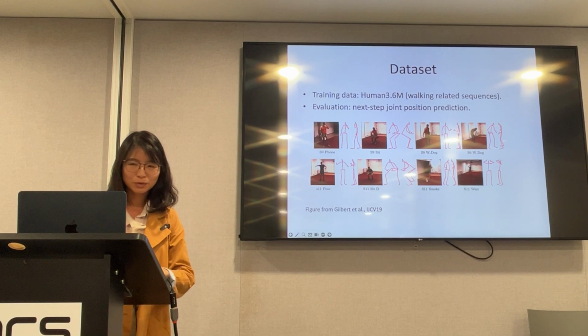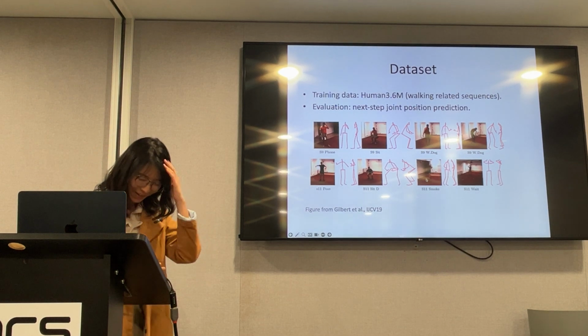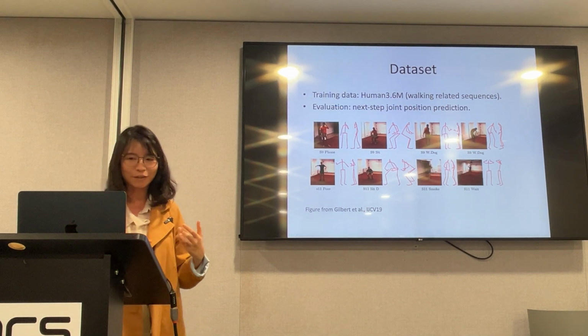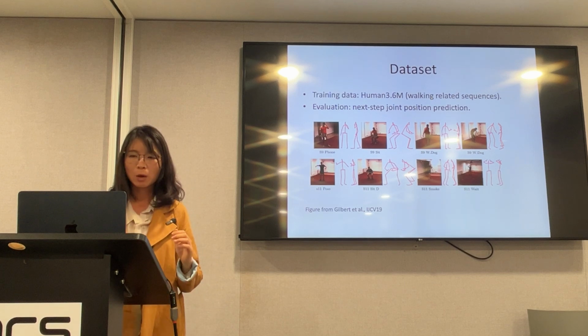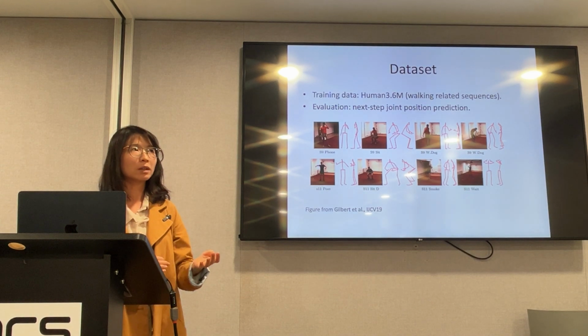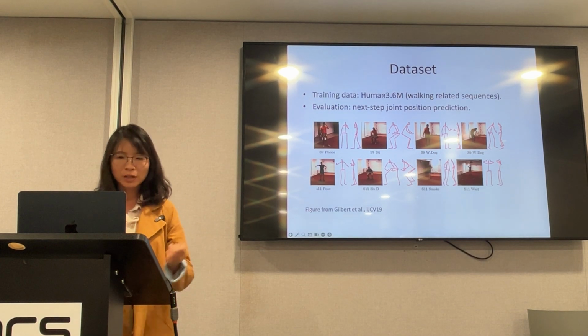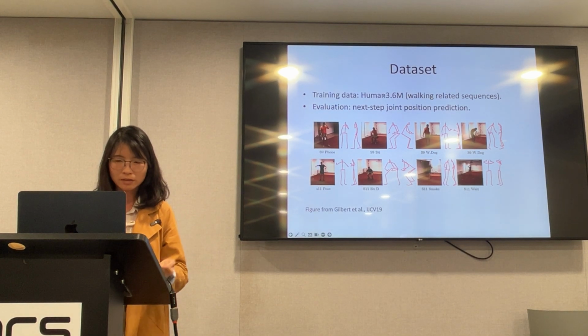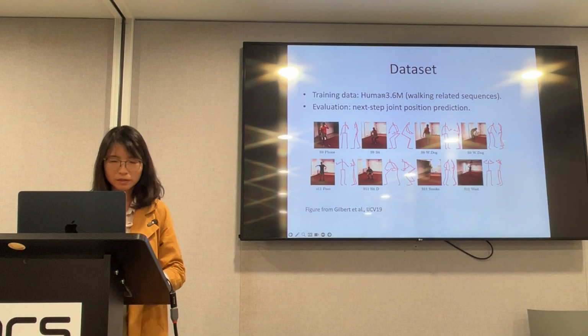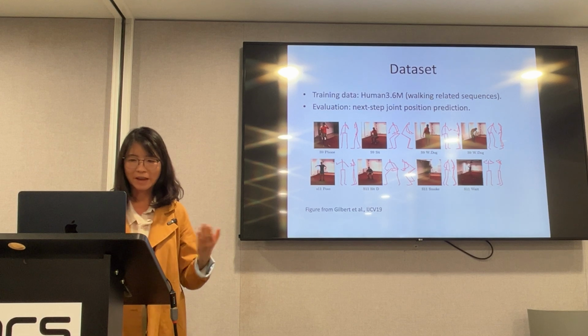In order to test whether the muscle information helps, we focus on the walking-related sequences like walking, walking dog, and walking together. To evaluate, we calculate the MPJPE metric to see if the motion prediction is accurate or not.